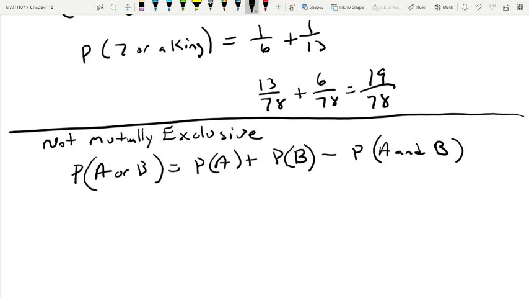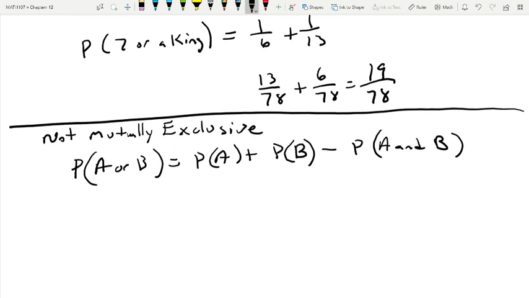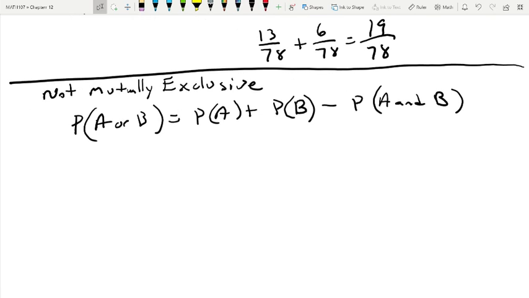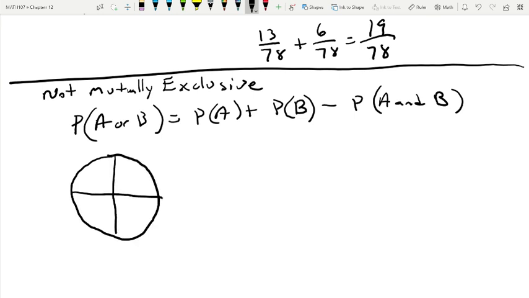Right. So let's look at this scenario then. So I have a spinner, and it's going to have the numbers 1, 2, 3, 4, 5, 6, 7, and 8. And I have my spinner.